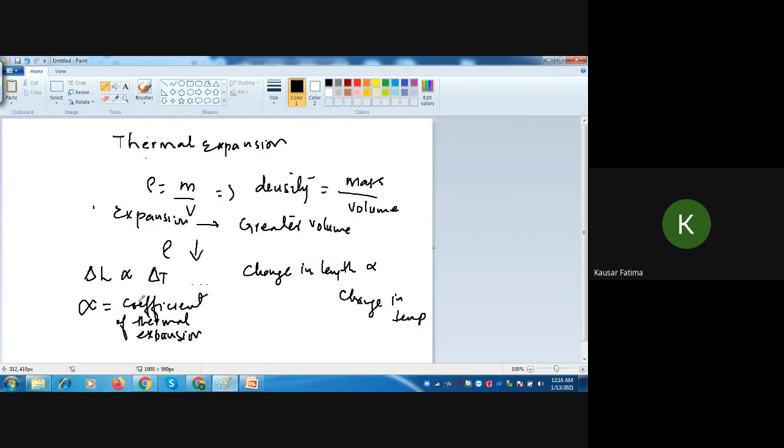And in the same way, it depends upon the initial length, original length, how much longer a material is, how much longer a rod is. Okay, if the initial length is greater, then change in length will also be greater. It means delta L is also directly proportional to initial length. L naught shows initial length at normal temperature.